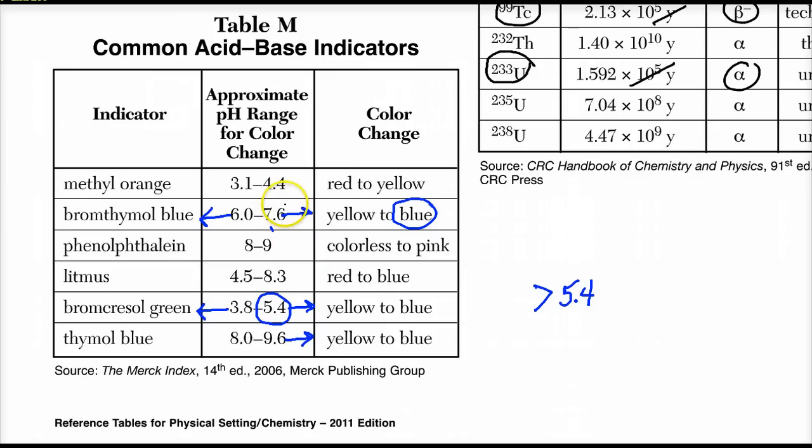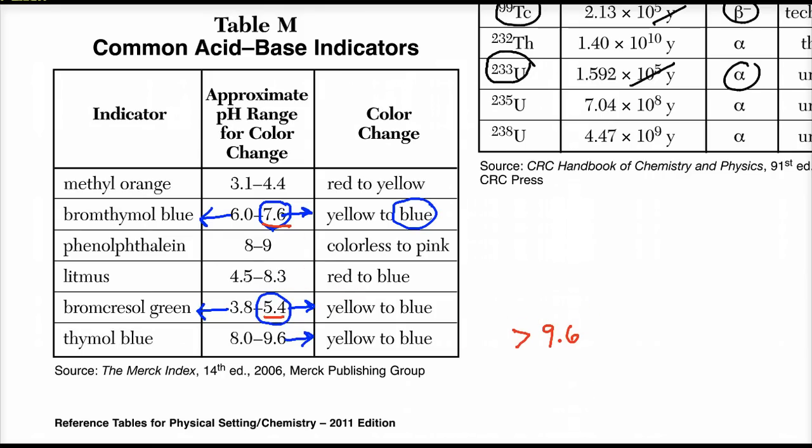Anything 7.6 and higher would make bromothymol blue, but 7.6 wouldn't make thymol blue. So the best way to say this is anything above 9.6 would make them all blue, because thymol blue needs at least 9.6. Bromcresol green and bromothymol blue need at least 5.4 or 7.6. So it has to be 9.6 and greater for all three.